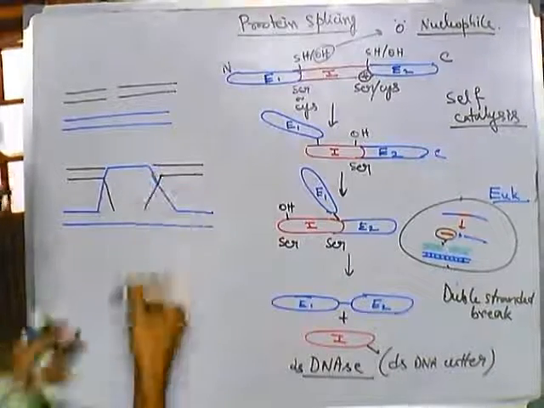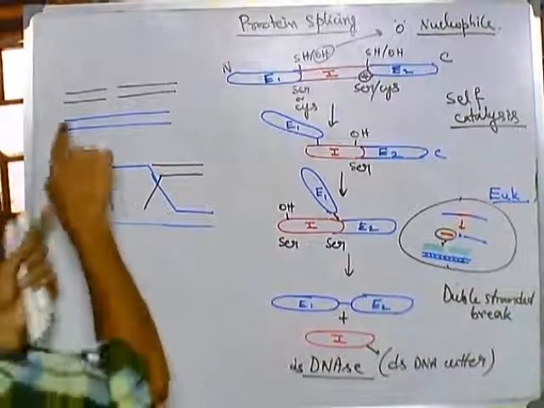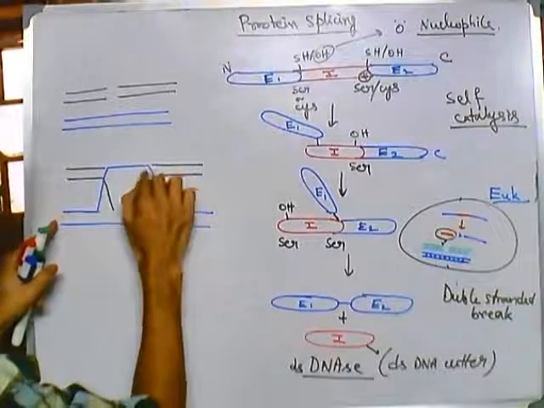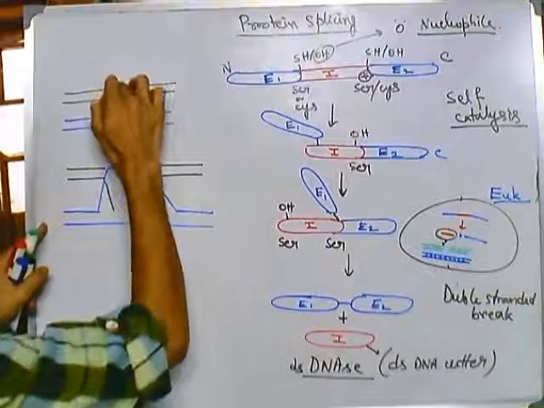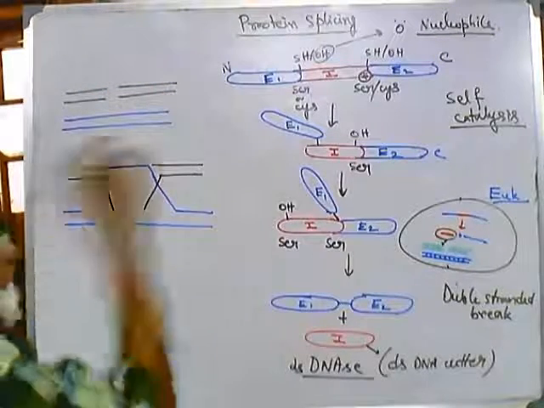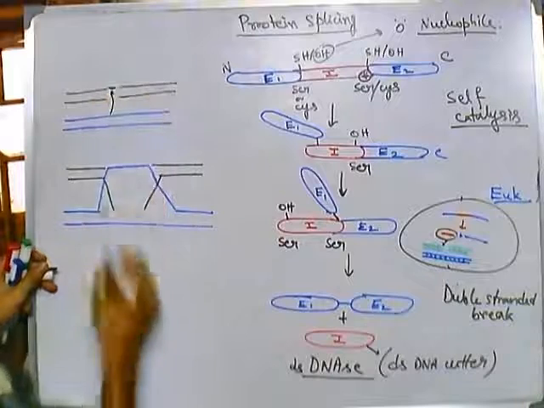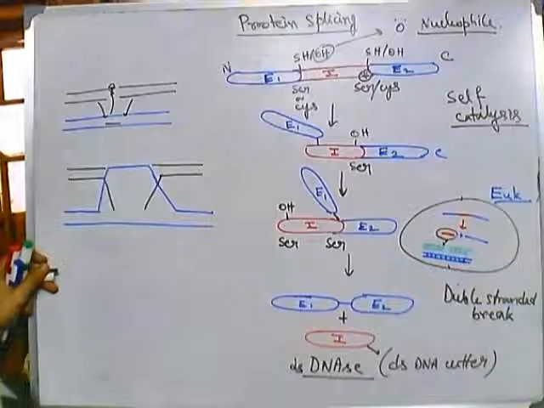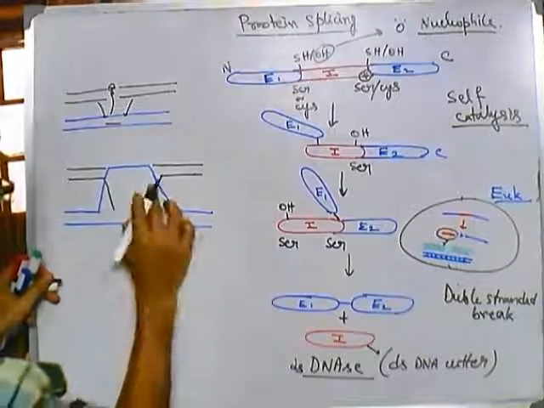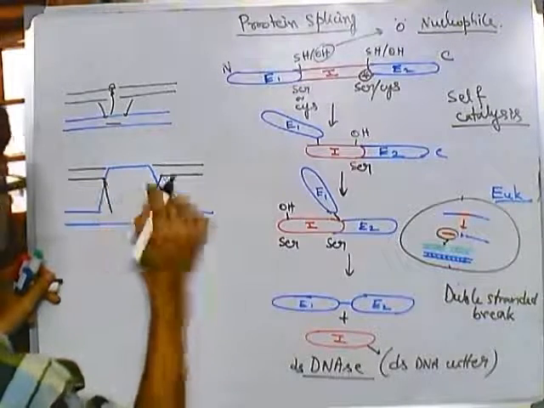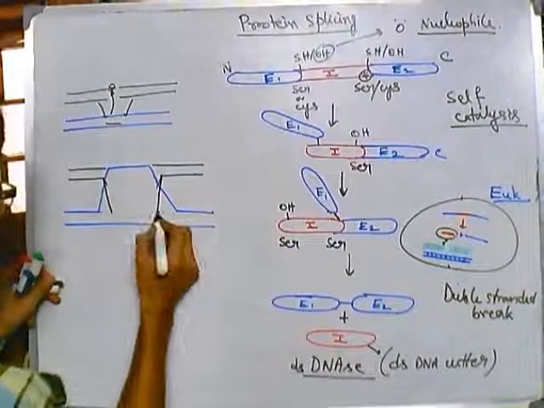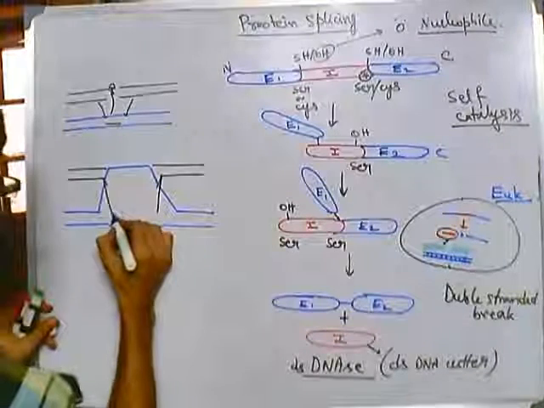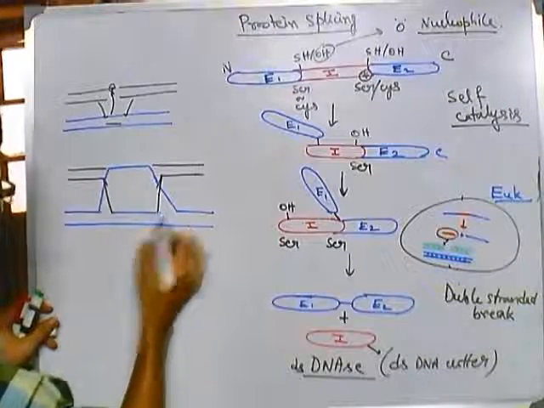So in those conditions, what will happen? You can imagine now, if I draw this structure, this upper strand just goes and replaces this particular region here. So this strand simply moves up into this place, and these two strands come down to the level of this place. Now what will happen here, once these strands come really closer, they will start forming this.